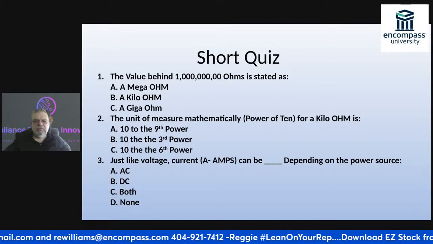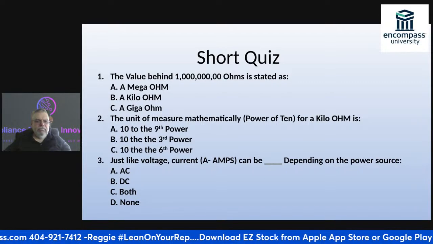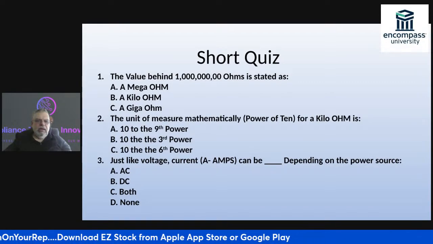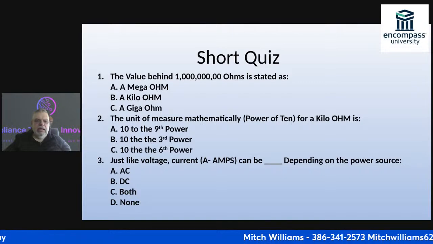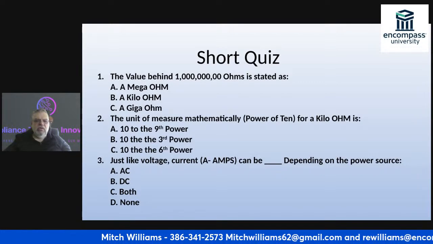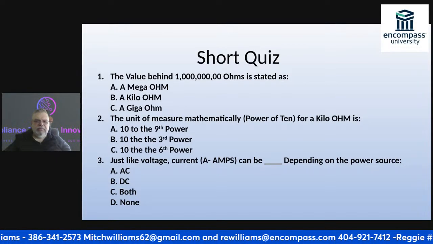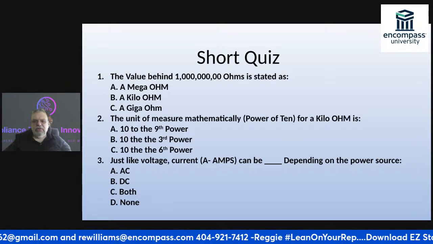Thank you, Sharonda. Appreciate it. So on question number 3, just like voltage, current, which is amps, can be measured either AC, DC, both, none, depending on the power source. What's the answer to question number 3? Correct, both. Thank you.